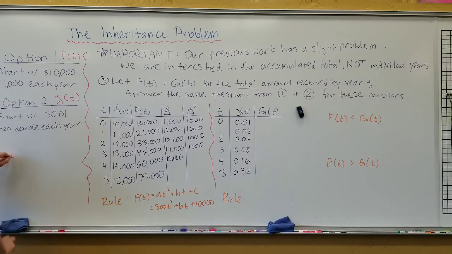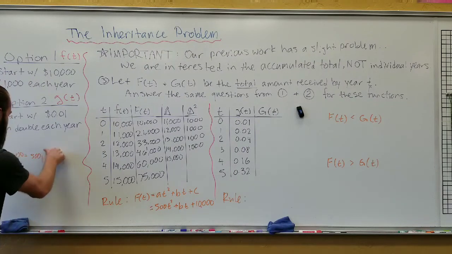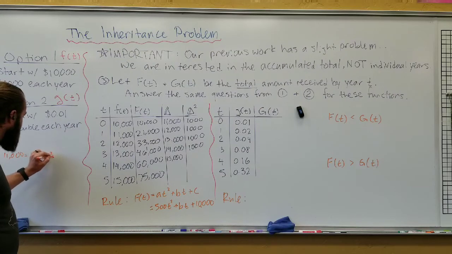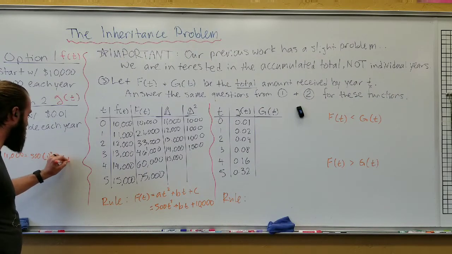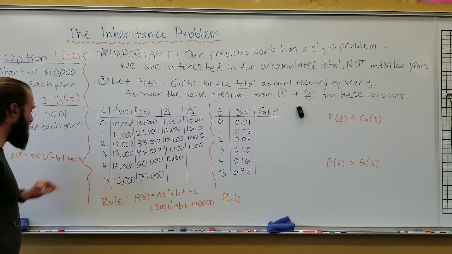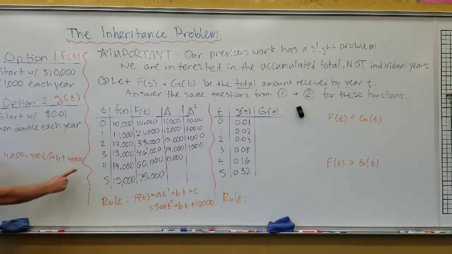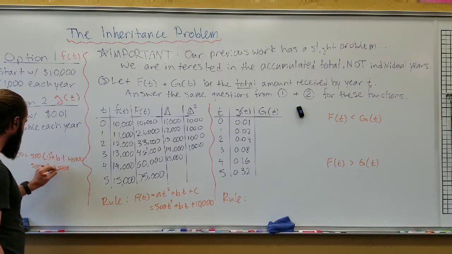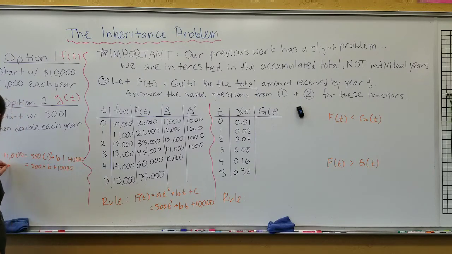11,000 equals 500 t squared, we're going to use t equals 1, right? Times 1 squared plus b times 1 plus 10,000. And this just turns out to be a pretty easy equation to solve because this just becomes 500 plus b plus 10,000 equals 11,000.